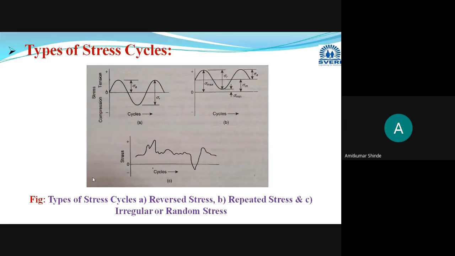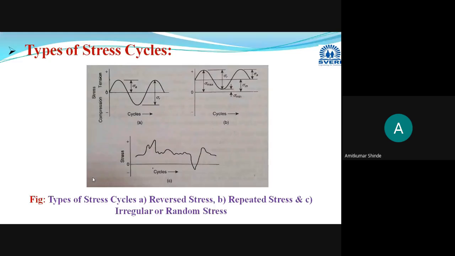If you understand this type of stresses, you will understand that in this fatigue failure, three types of stresses will be there. You can see the first diagram below, termed as A. This stress cycle is termed a reversed stress cycle, or it is also known as tension compression cycle.